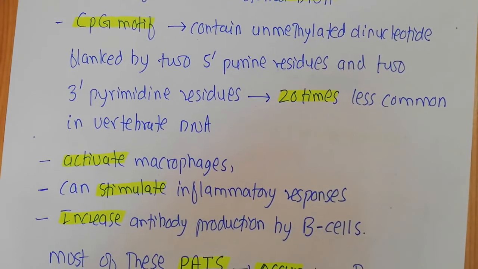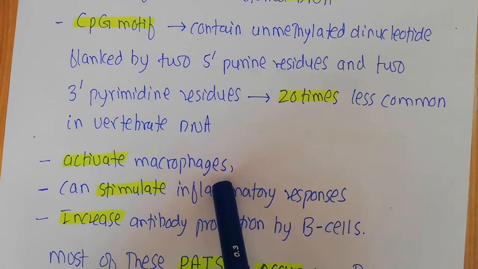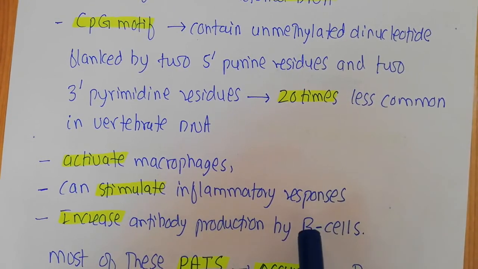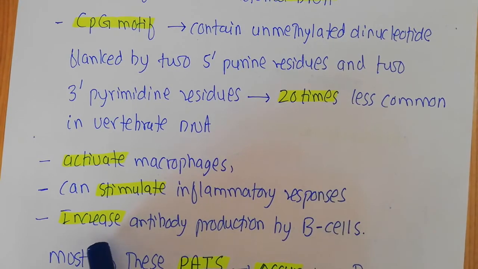This CpG motif is responsible for activation of the macrophages. It can also stimulate the inflammatory responses by the neutrophils, for example, and it can also increase the antibody production by the B cells, and of course that is part of the adaptive immune system.